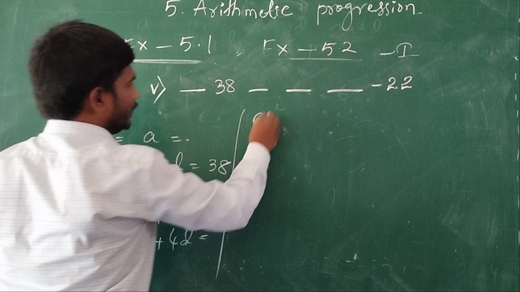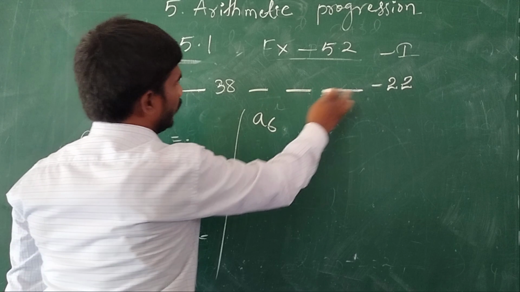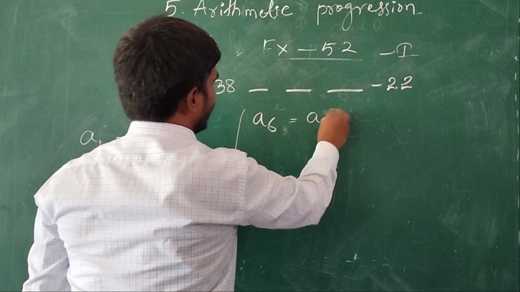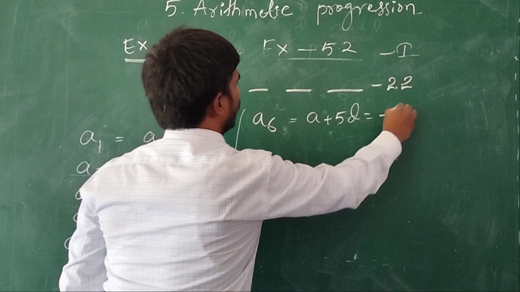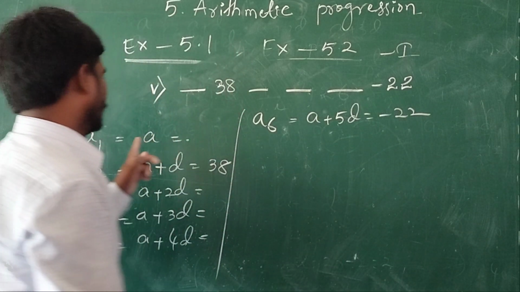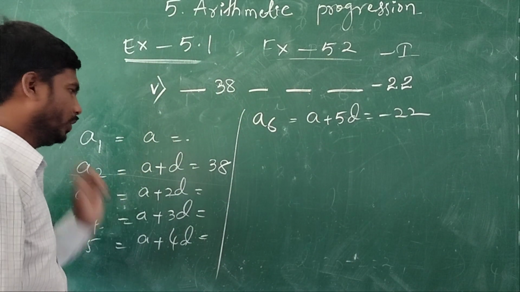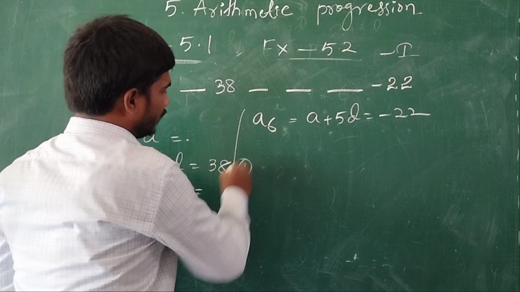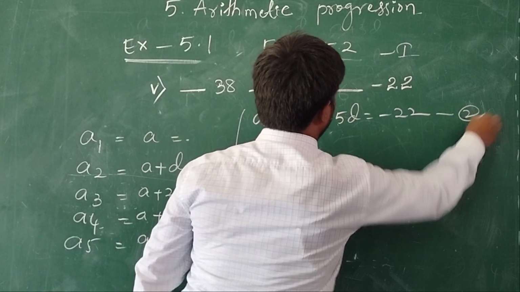Finally a6 is given: a plus 5d is equal to minus 22. So a1 not given, a2 given. That a2 is considered as the first equation, a6 as the second equation.